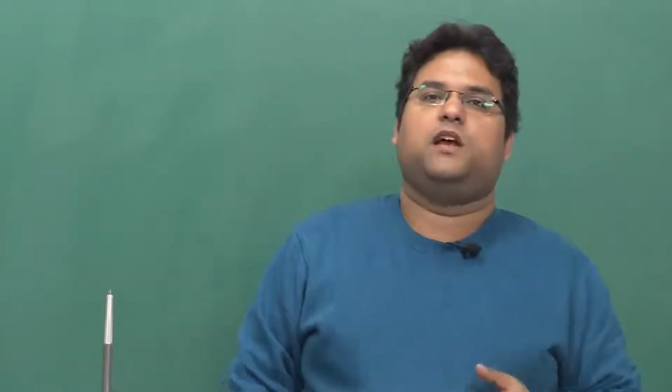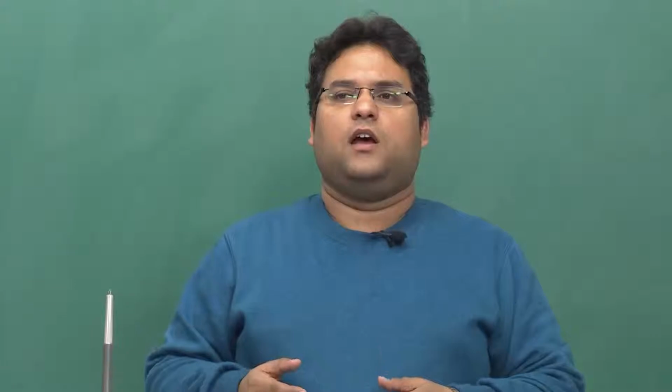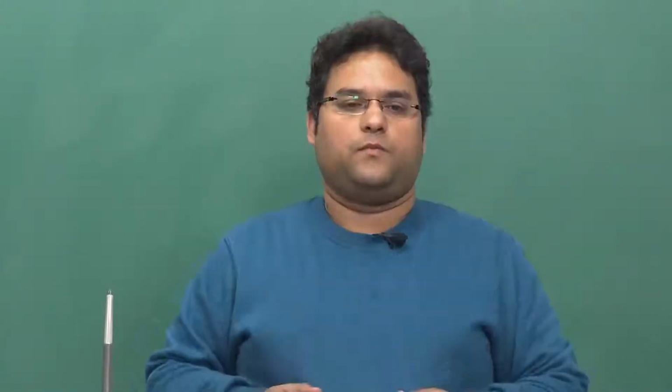Because the network has to respond correctly to so many different concepts, its learning process has to be designed in such a way that changing the connection weights while learning about canary should not result in worse responses to, let us say, a pine tree or a robin. So, how do you ensure that the network is learning all of these concepts and none of these learnings are interfering with or making each other worse?